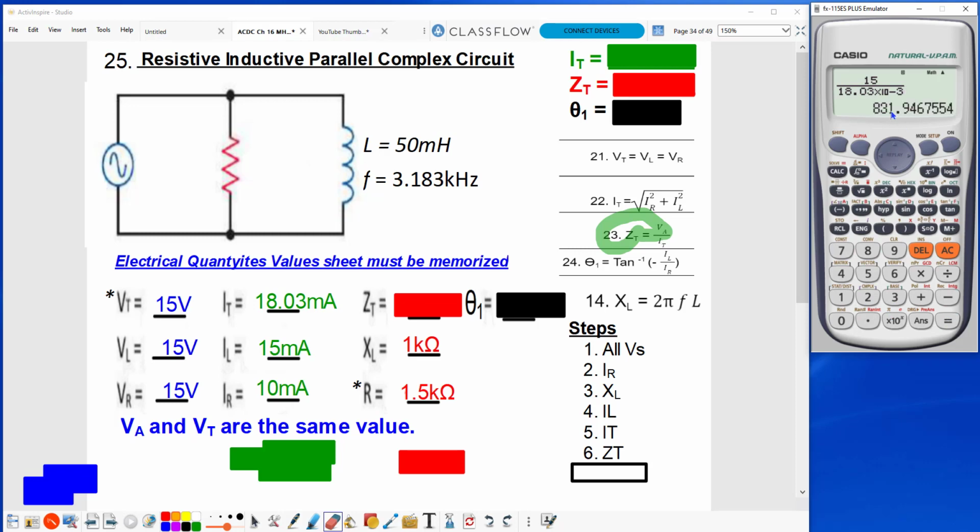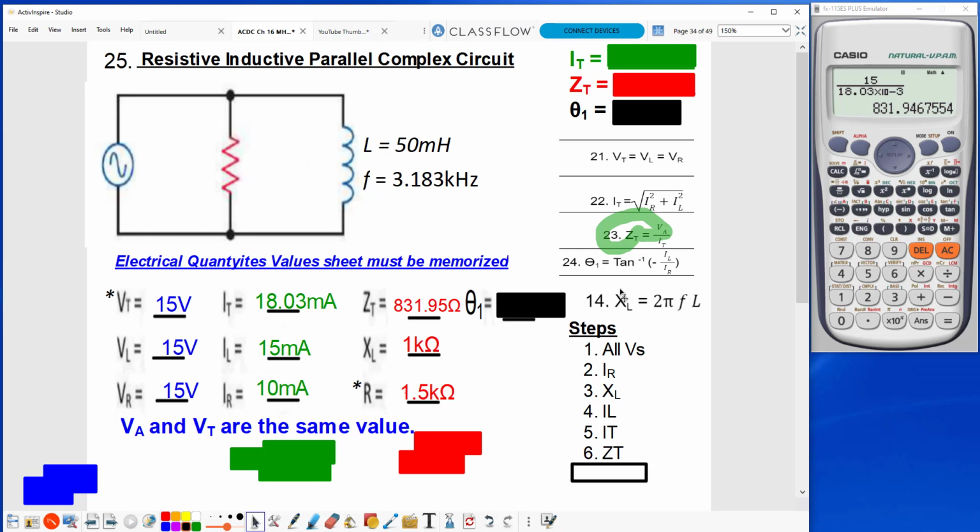And that's going to give me a value of 831.95, rounding the second number after the decimal place, ohms of impedance. And I mentioned the current being out of phase with one another, so let's see how much they're out of phase with one another by calculating theta 1.